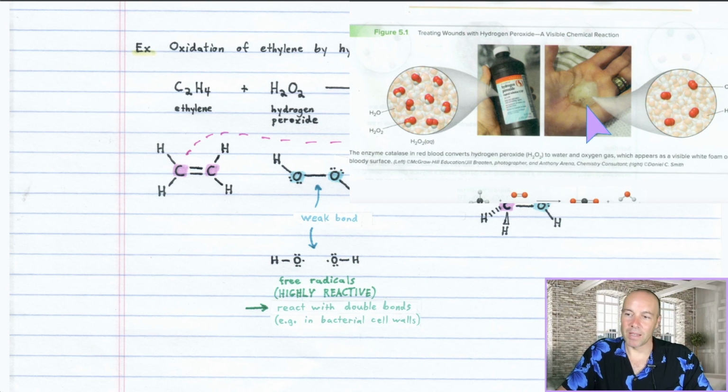Now what's happening here is the hydrogen peroxide, which is a good source of these hydroxyl free radicals. These hydroxyl free radicals like to attack weak bonds, and they find a lot of weak bonds in the cell walls of bacteria cells.